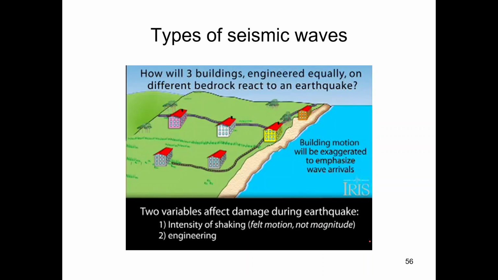Okay, this is an example of the types of seismic wave. Seismic waves can be generated by our sledgehammer, but the big ones come from earthquakes. Earthquakes produce seismic waves, which are able to shake or damage our buildings.